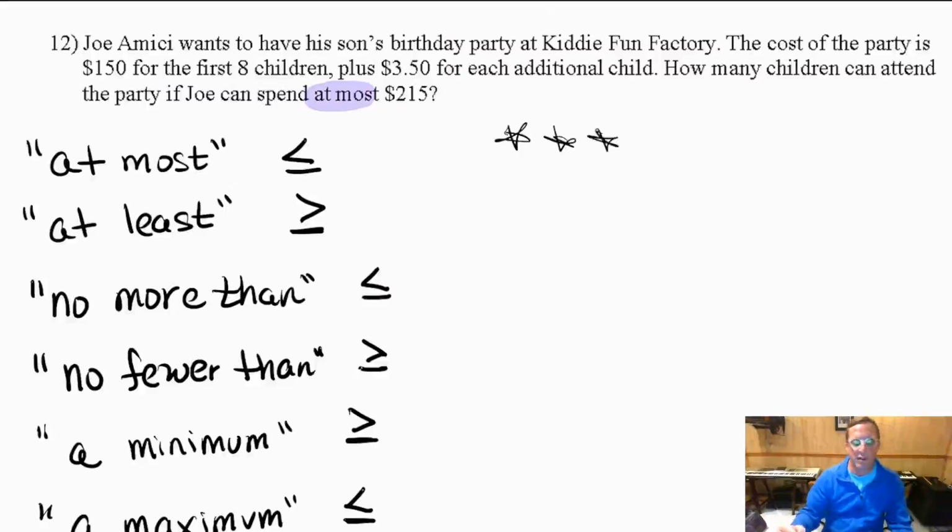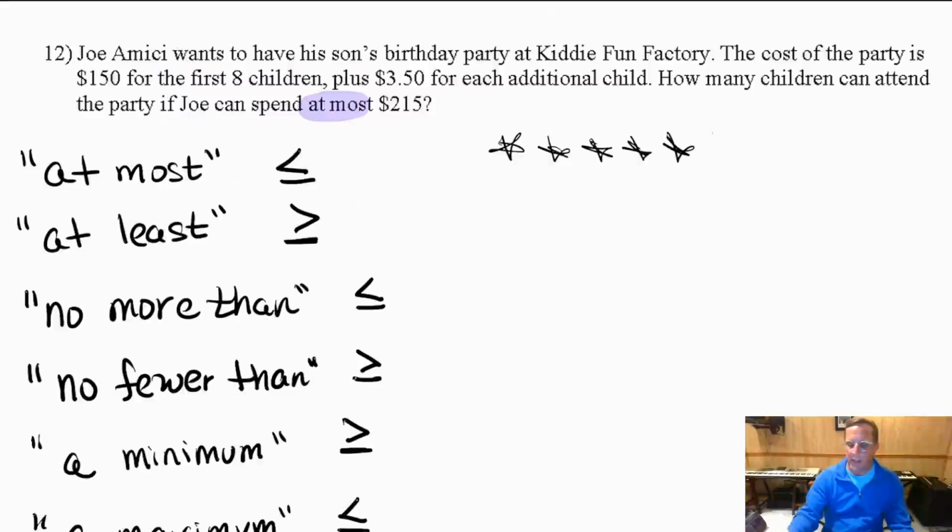Well, you could have 3 stars. You can have 4 stars. You can have 5 stars. You can have those, but you can't have 6 because it says at most you have 5. You have 5, but you could have 4. You can have 3. You can have 2. You can have 1. You can have even 0.